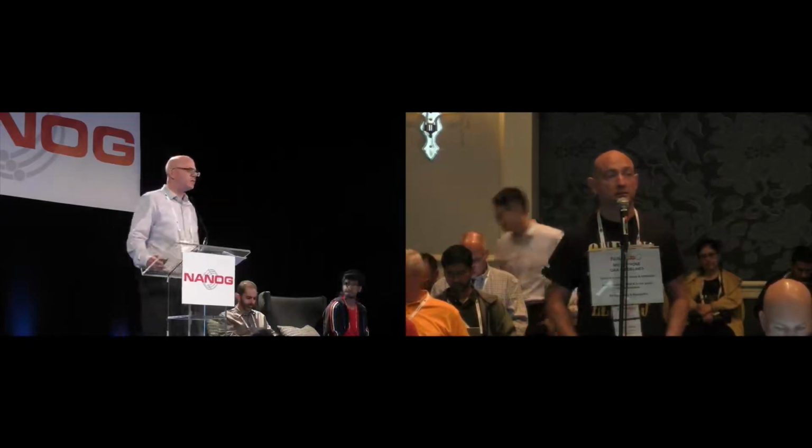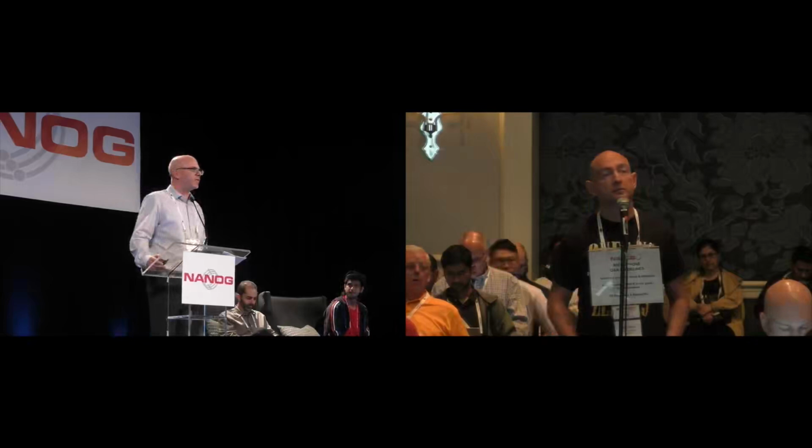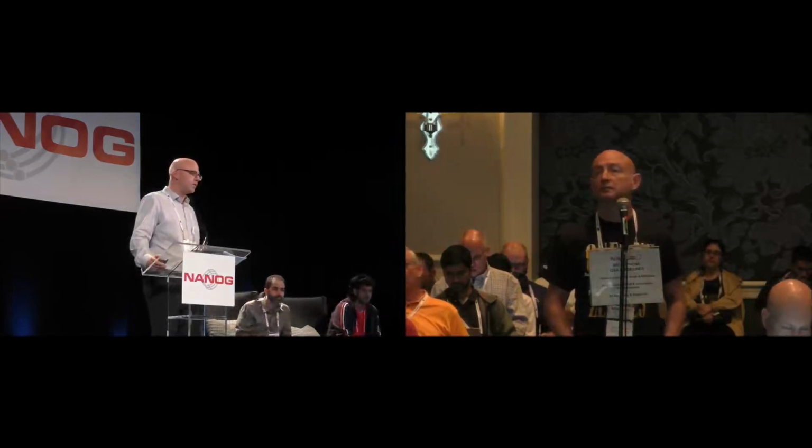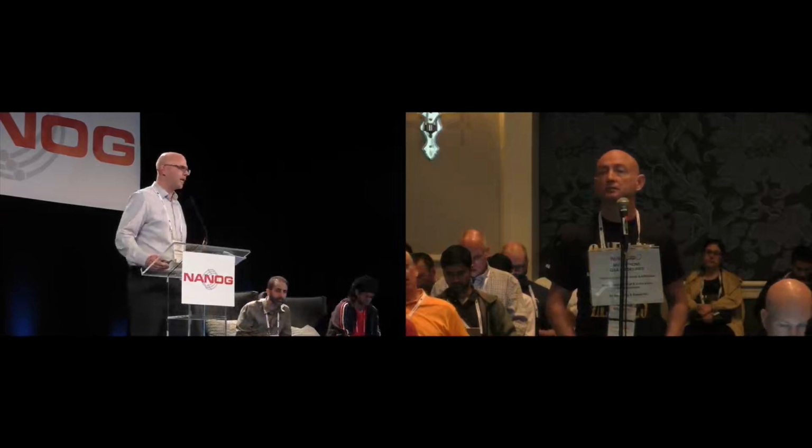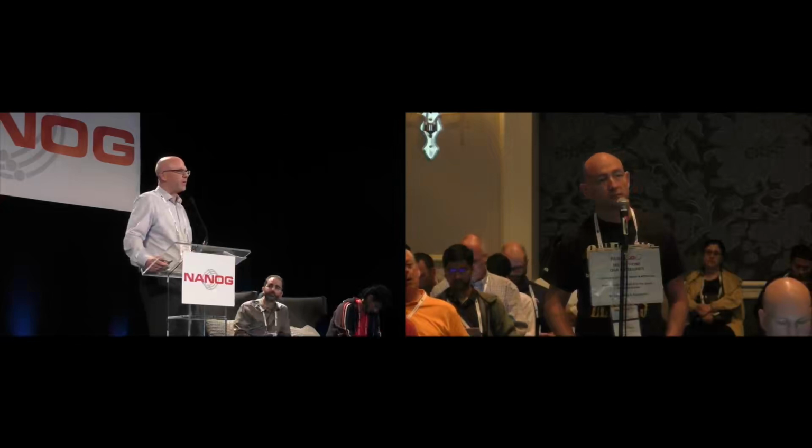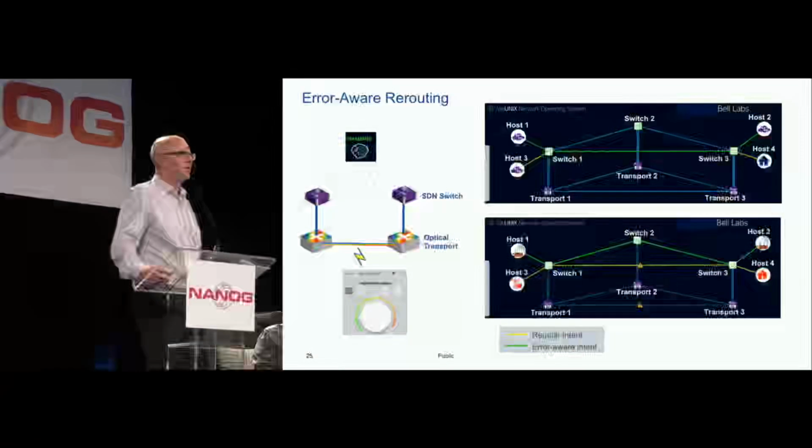So that will definitely have to be taken into account. In the rerouting experiments that I showed here, the sensing was being done at the optical layer, and the rerouting was happening at the packet layer. So there wasn't a complex interplay between the different time scales of the different layers.